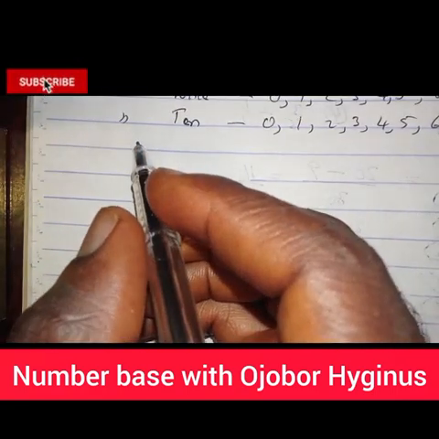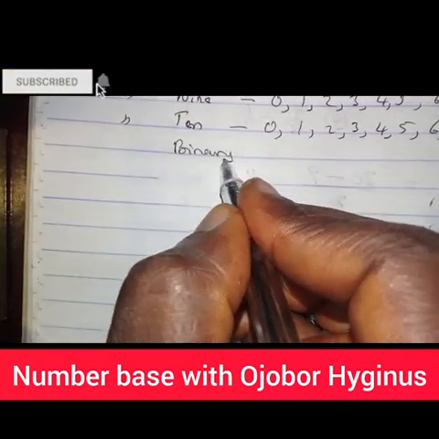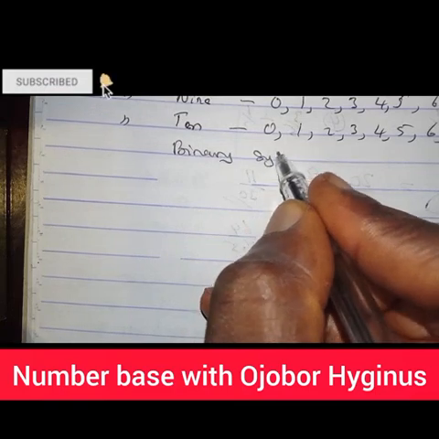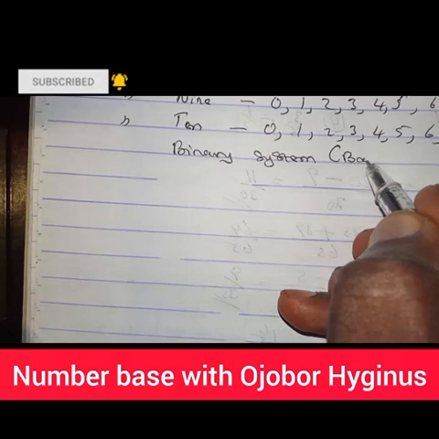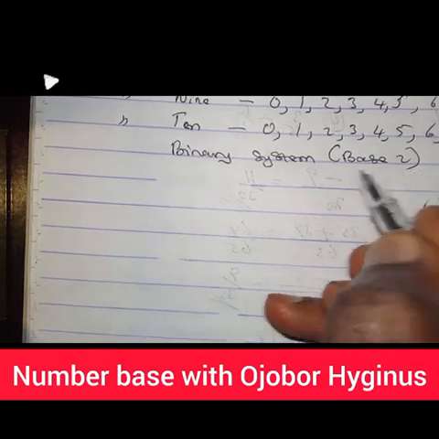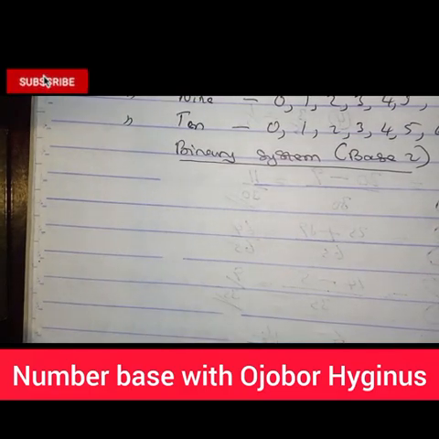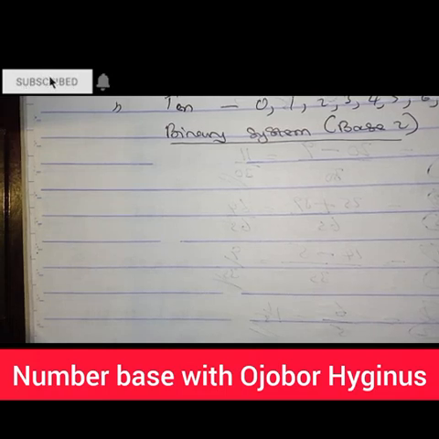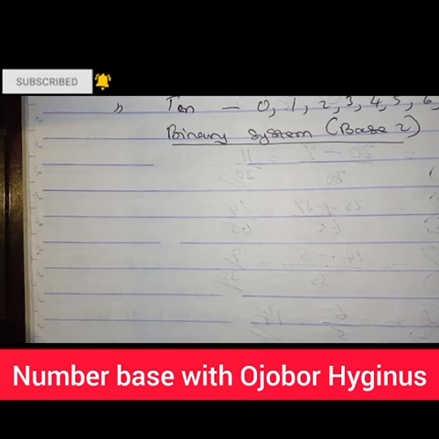First of all, we'll look at the binary system or binary number. The binary system of number is also called numbers in base 2. This number is very important to be discussed because it has application even in computer application, in digital systems.